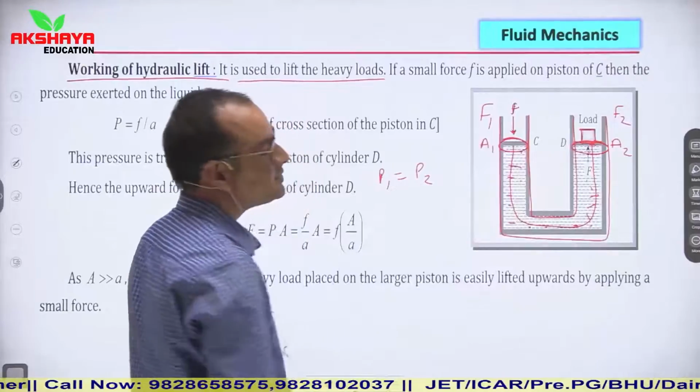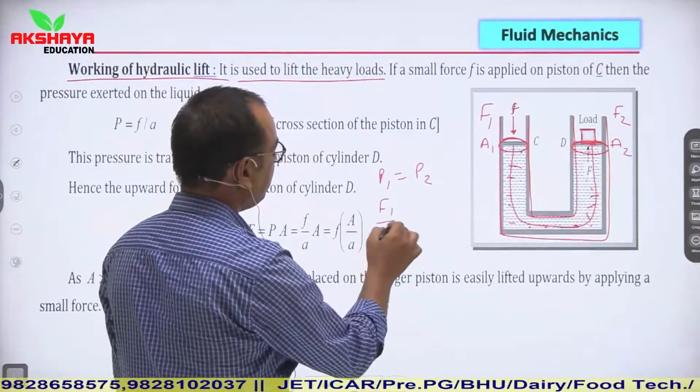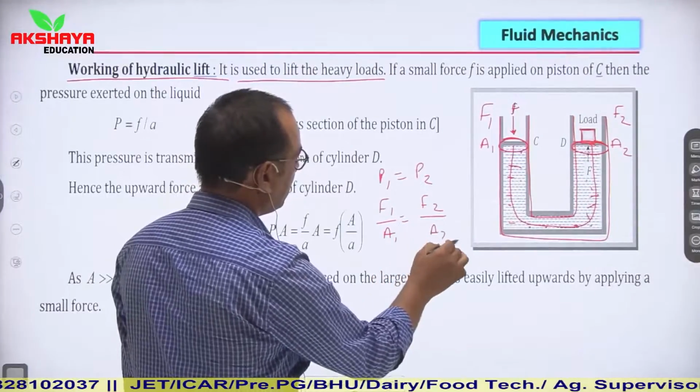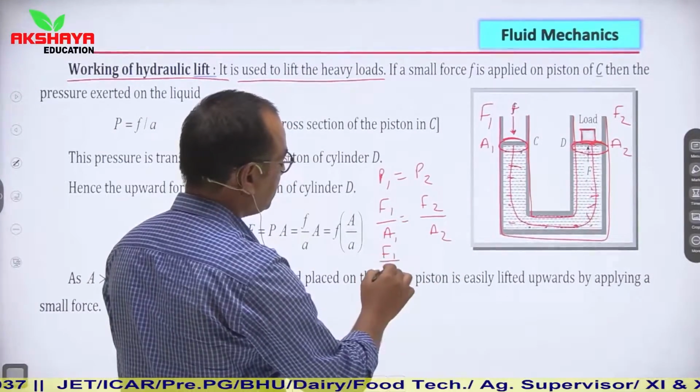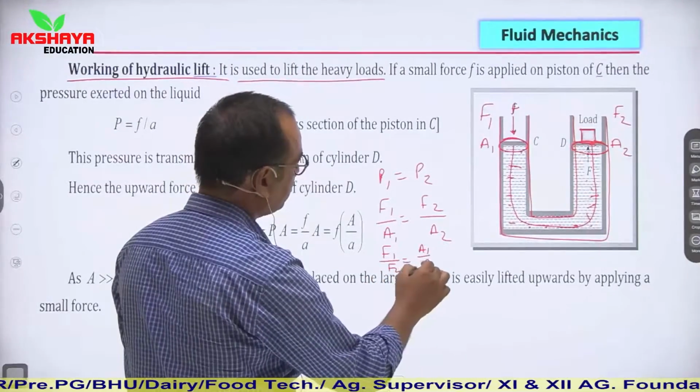At both the interfaces, pressure exerted is the same, and pressure is force upon area. So F1 upon A1 is equal to F2 upon A2, or we can say that F1 upon F2 is equal to A1 upon A2.